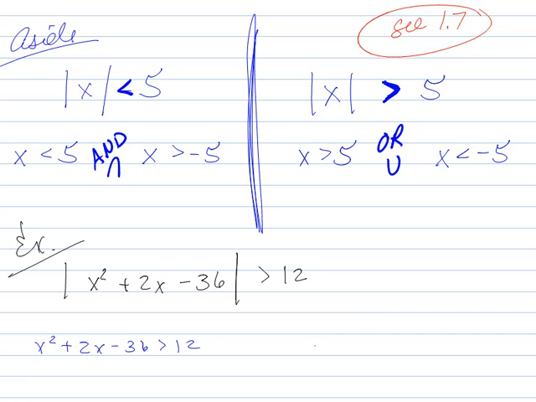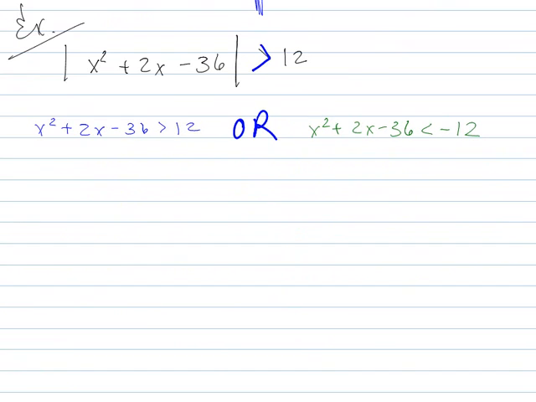And we'll write it again: x squared plus 2x minus 36 is, we flip the direction of the sign and add a negative. And because it's a greater than sign, we join these with an 'or'. So now we've actually got two problems to solve, because solving it once wasn't good enough.